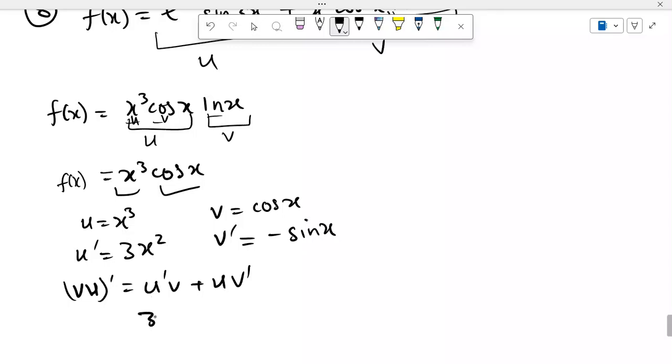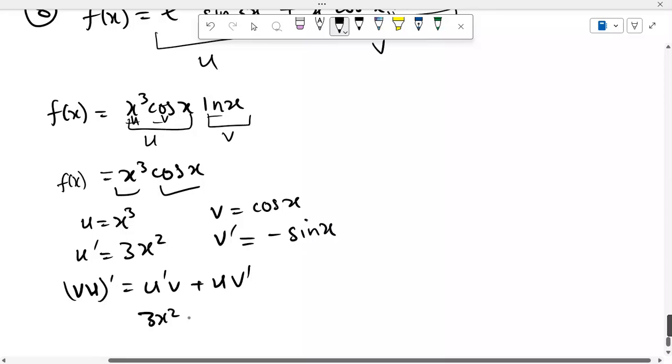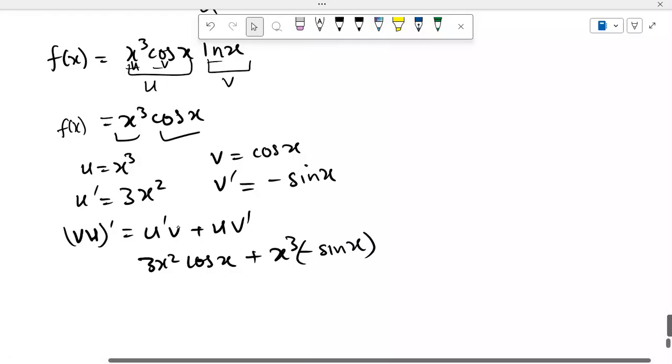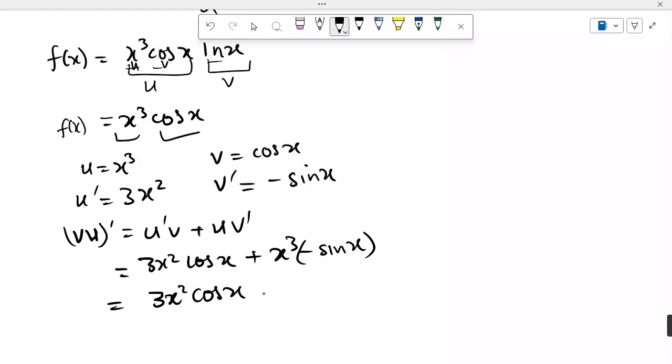Our u prime is 3x squared. What is our v? cos x. Plus what is u? u is x cubed. What is v prime? Negative sin x. So this will be 3x squared cos x minus x cubed sin x.